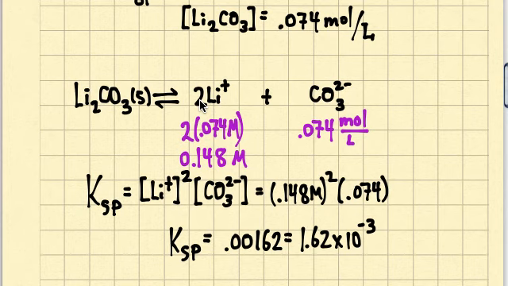So this 2 rears its head right here in doubling this concentration as this stuff dissolves in the water, but also here in the writing of the constant expression and the calculation of what the constant might be. So this 2 times 0.074, 0.148, is actually squared. Sometimes I call this the double whammy.